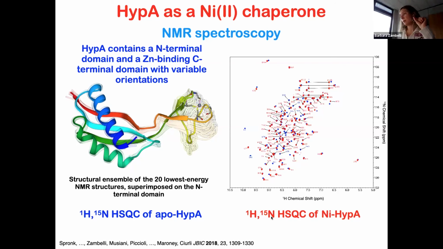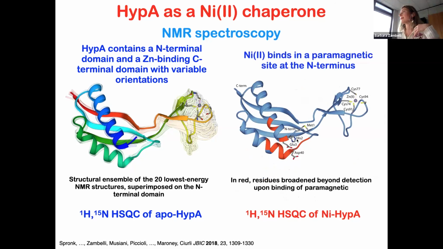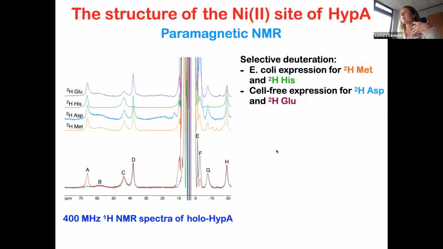Indeed, using chemical shift perturbation, we could find that nickel binds in this region, in the N-terminal domain, and it binds with a paramagnetic mode. And using paramagnetic NMR, we could see several signals deriving from nickel binding to the protein.